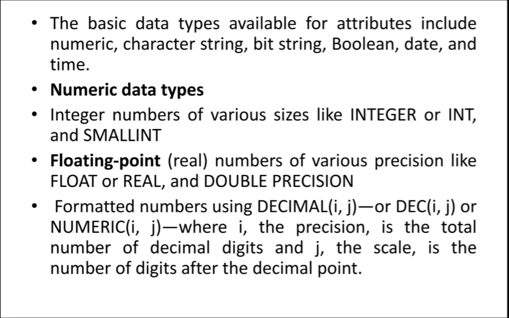Formatted numbers like decimal of i comma j, or dec of i comma j, numeric of i comma j. For example, decimal 3 comma 2.